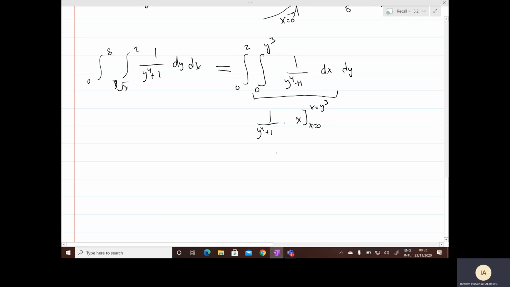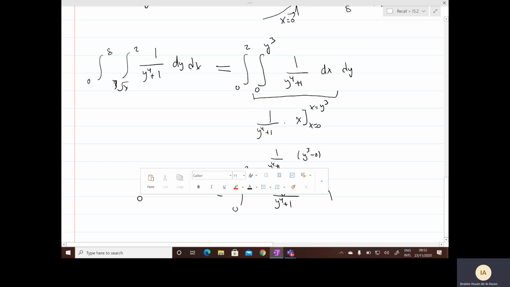So this is 1 over y to the power 4 plus 1 times y cubed minus 0. So this is y cubed over y to the power 4 plus 1. This is the value of the inner integral. Bring the outer integral, from 0 to 2 dy.